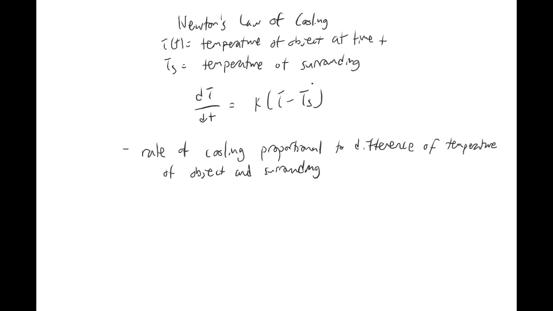Now that we have this, let's do some examples. Example: when a cold drink is taken from a refrigerator, its temperature is 5 degrees Celsius. After 25 minutes in a 20 degrees Celsius room, its temperature has increased. See, in this case it's increased, because the surroundings are hotter. You just brought it out of the fridge, so in this case I would call it Newton's law of heating. After this one, I'm going to do one from your homework just to show you how it's done.